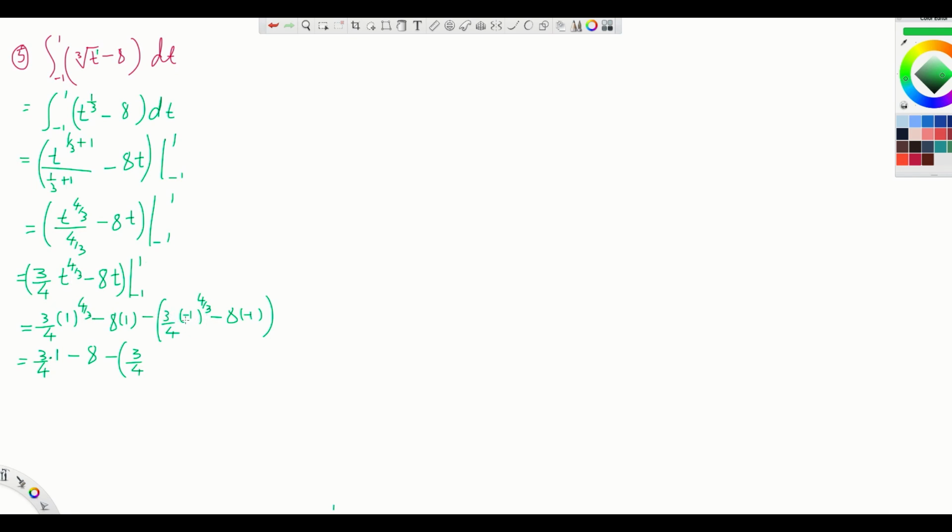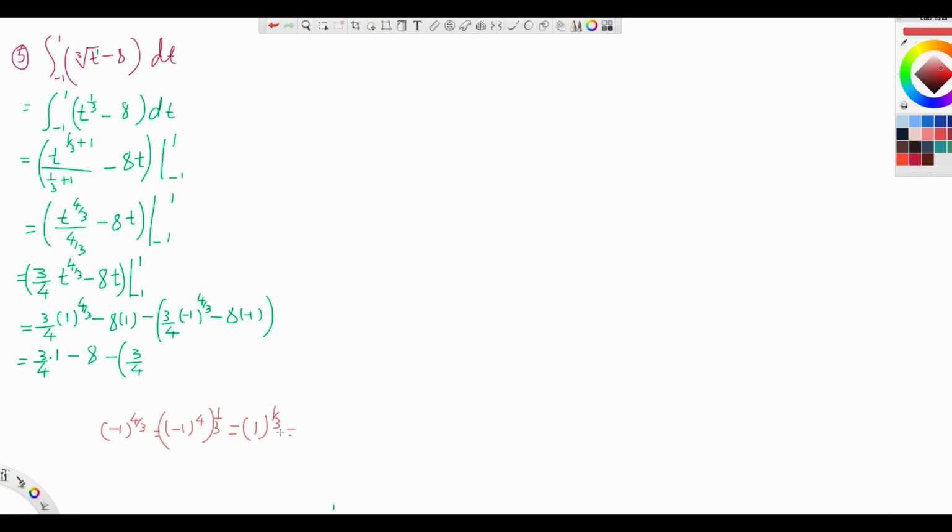So -1 to the 4/3 can be written like this, right? So let me do it slightly somewhere. If you want to know how much is -1 to the 4/3, what you can do is, you see -1 to the 4/3, right? You can write -1 to the 4th, right? And then to the power of 1/3. You see that? So that will be basically -1 to the 4th is +1, to the 1/3, right?